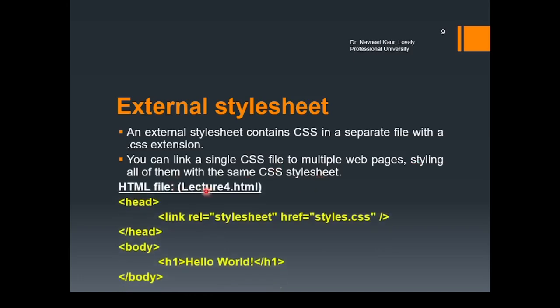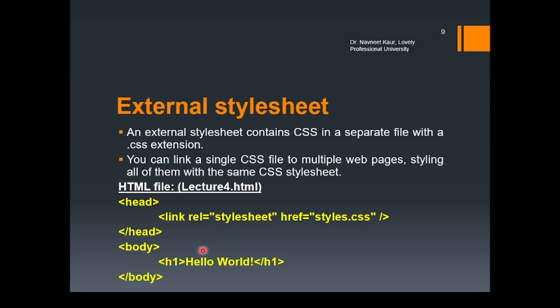This is our HTML file. You can see that in this, we have neither included style as a tag, nor as an attribute. Means this is neither an internal style sheet nor an inline style sheet. This is an external style sheet. But how does it work? If your styling is in a separate file, how would your HTML file know about that styling?